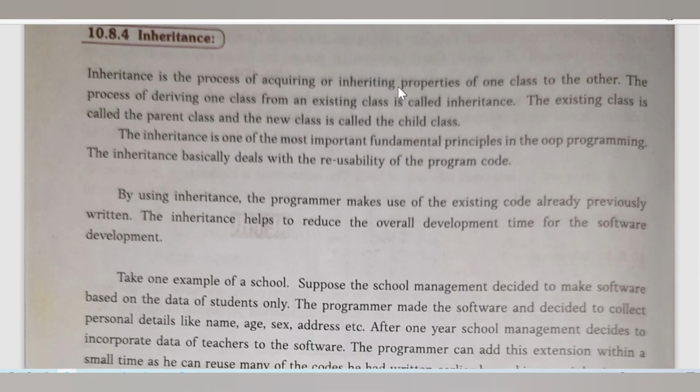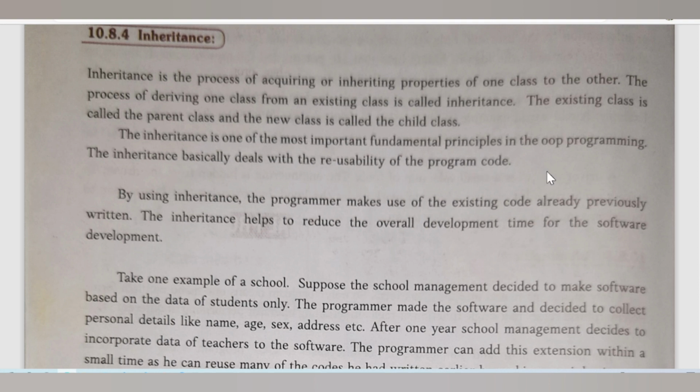Inheritance. Inheritance is the process of acquiring the properties of one class into another. It means if one class is taking the properties of another class, this is called inheritance. Inheritance is one of the most important features or principles of object-oriented programming.